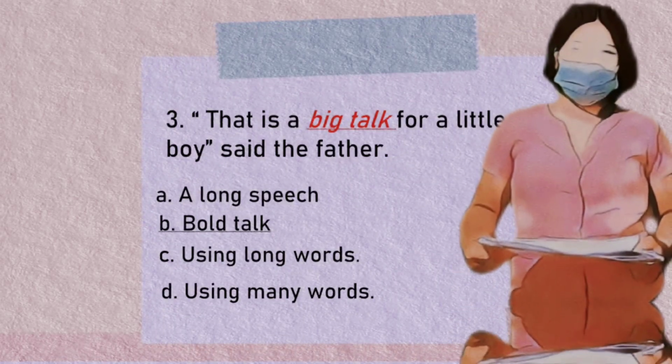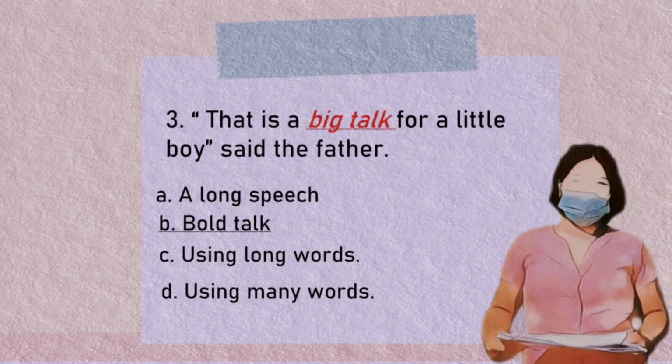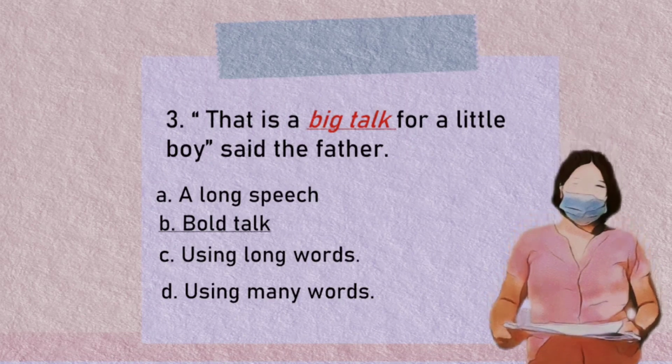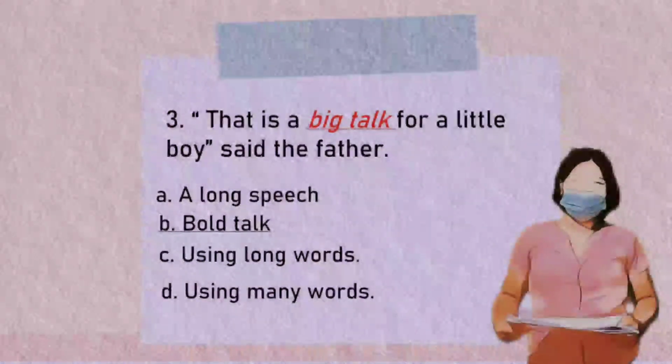Number 3. That is a big talk for a little boy, said the father. A. A long speech. B. Bold talk. C. Using long words. Or D. Using many words.